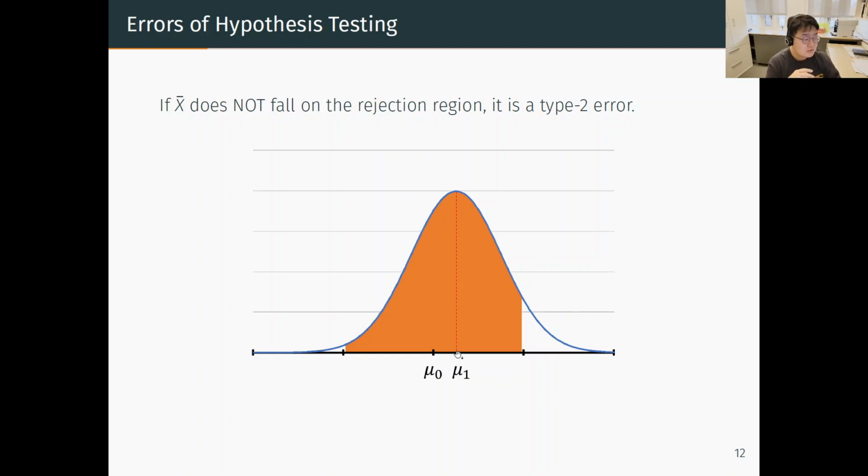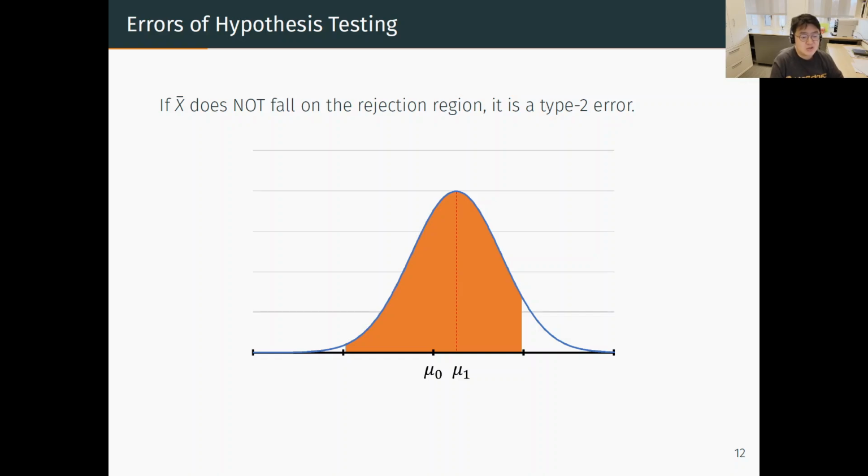So the center is actually not mu0, but it is possible that the sample average is generated in between the critical values. Then you cannot reject the null hypothesis, so that is a type 2 error. This is, again, the theoretical analysis. We can imagine it depending on what the truth is.